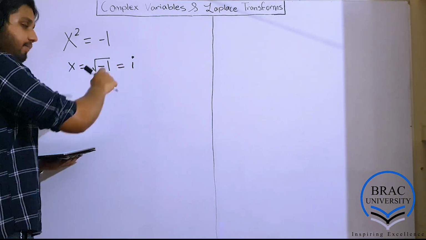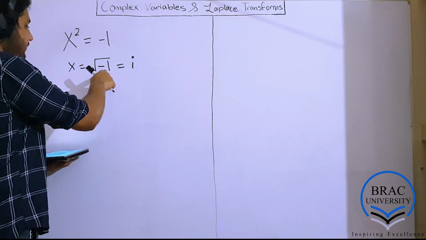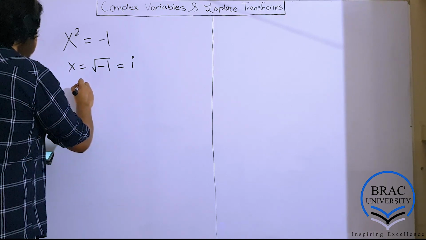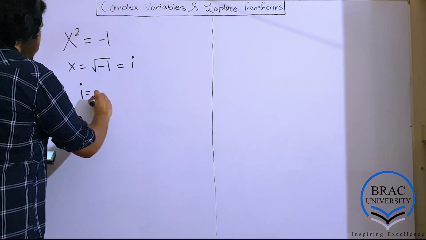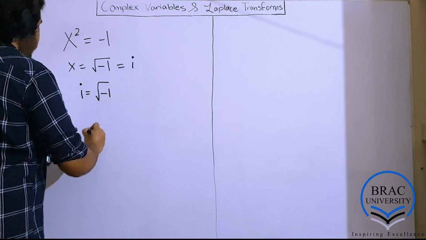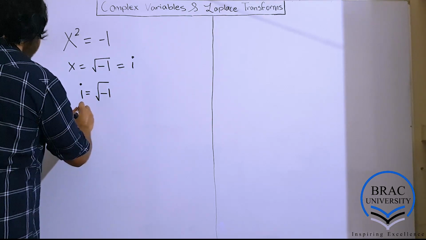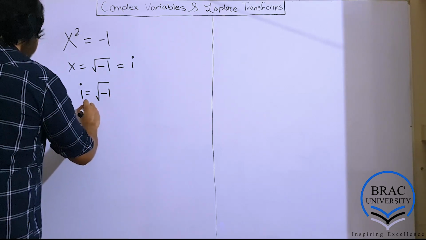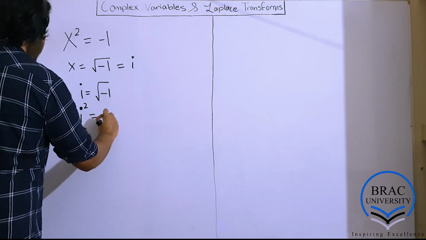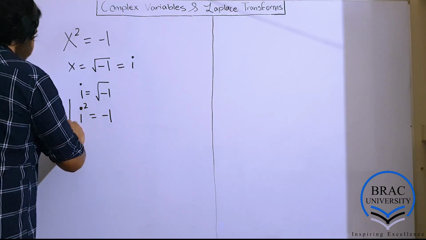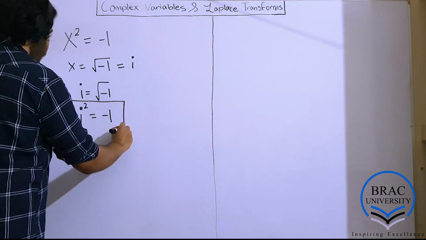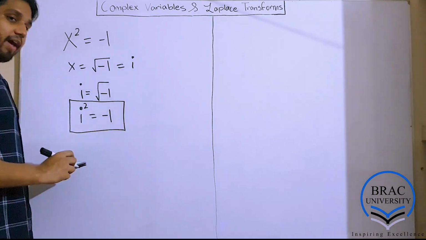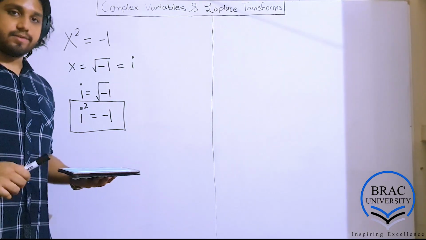Here I wrote i, so as you can see, i equals the square root of minus 1. So formally, the identity is i squared equals minus 1. This is an important fact that you have to carry throughout the whole semester, throughout the whole course.